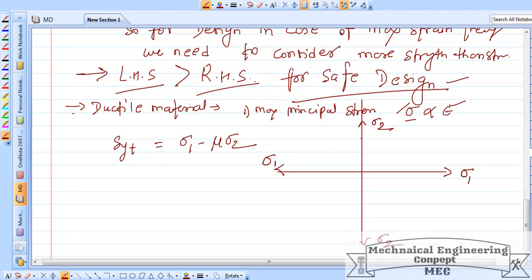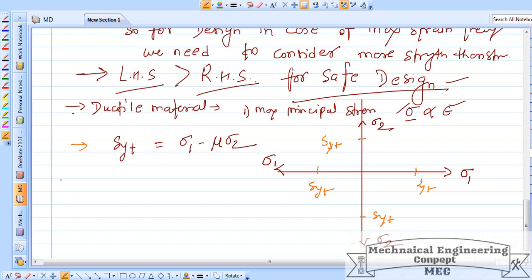SYT will be at each of the axes. So here the equation is SYT equal to sigma 1 minus mu times sigma 2.